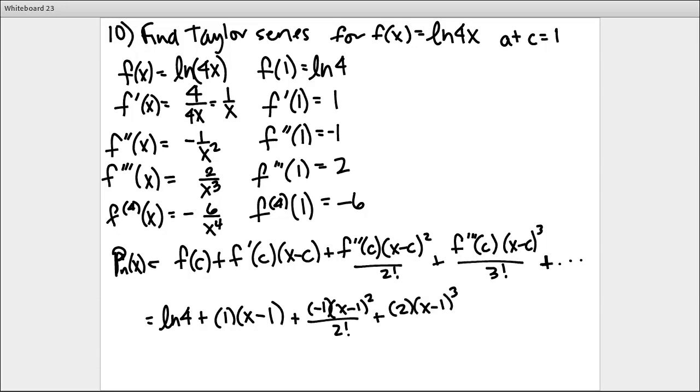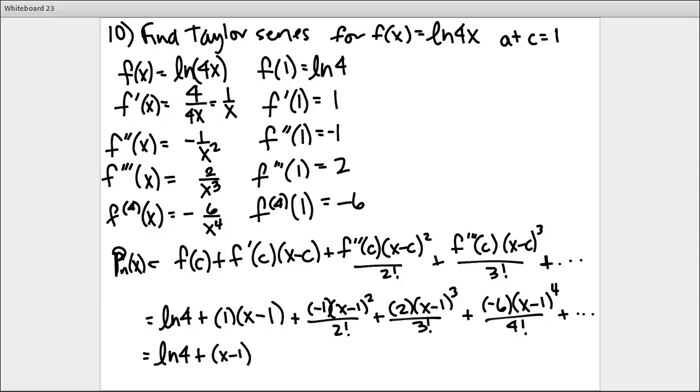And then the third derivative at 1 was 2 times x minus 1 cubed over 3 factorial. And then the next one would be negative 6 times x minus 1 to the 4th over 4 factorial. Okay, and it keeps on going like that.